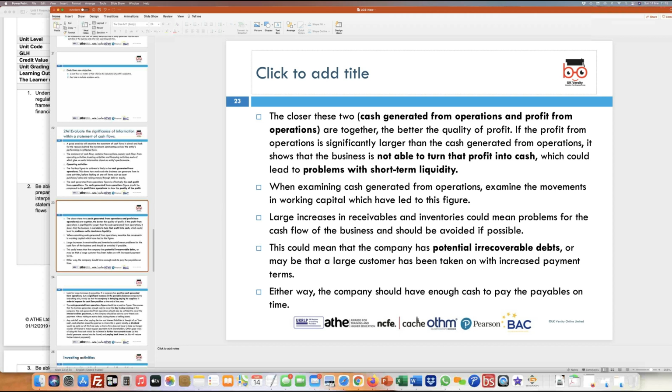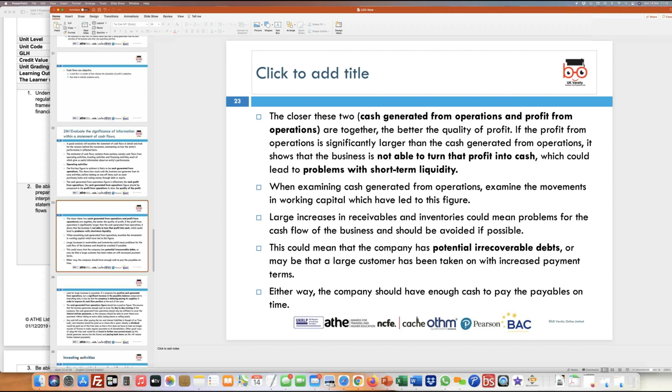That would tell us whether this is a short-term or a long-term gain which the company is making. So if the profit from operations is going up, that means the company is generating enough sales which will regularly bring in cash, and that shows us a position of strength in the cash flow statement.